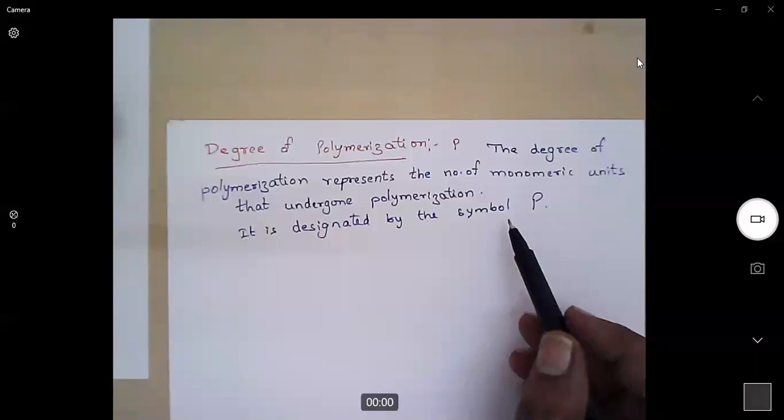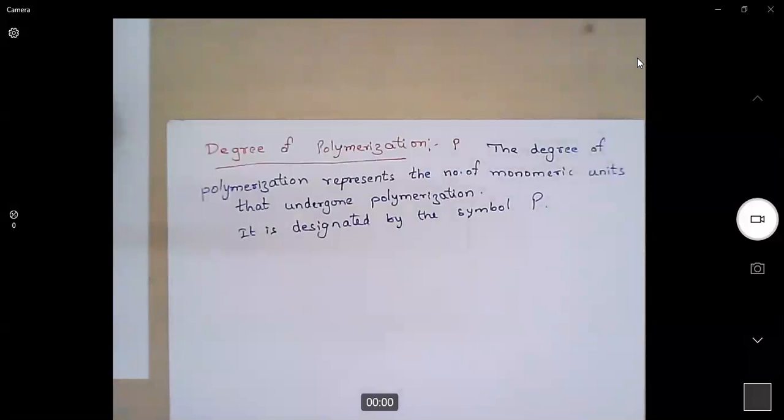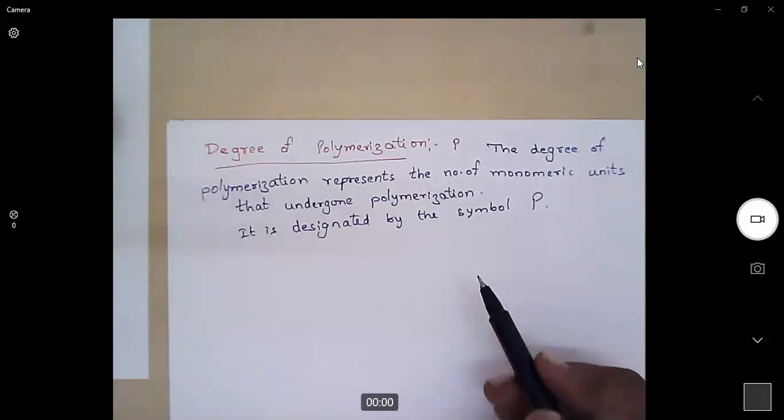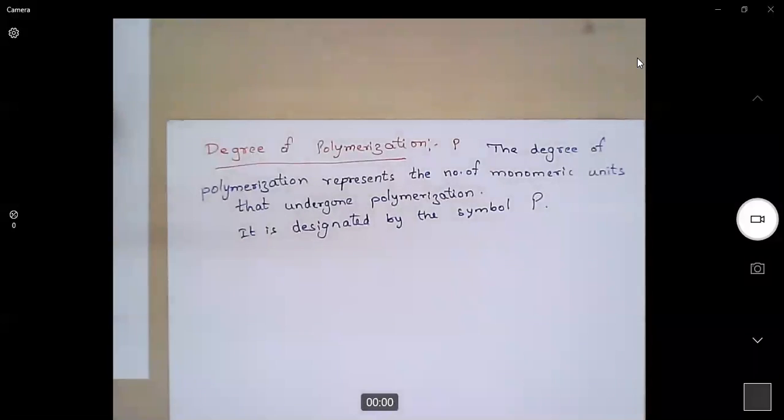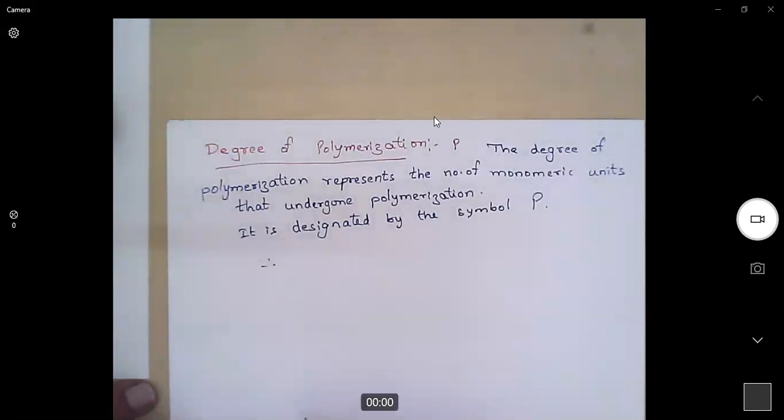The degree of polymerization is nothing but the number of monomer units present in the given polymer. It is designated by the symbol P. Degree of polymerization, nothing but the number of monomer units present in a given polymer.